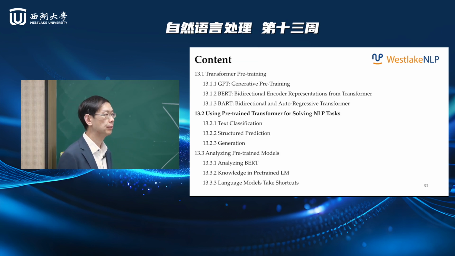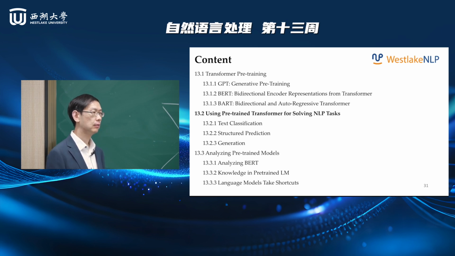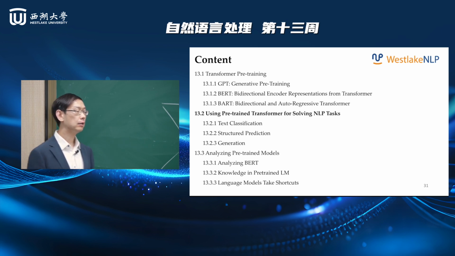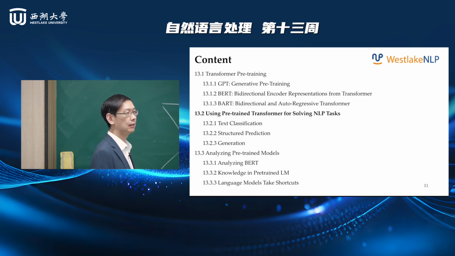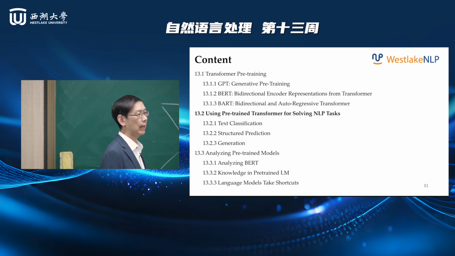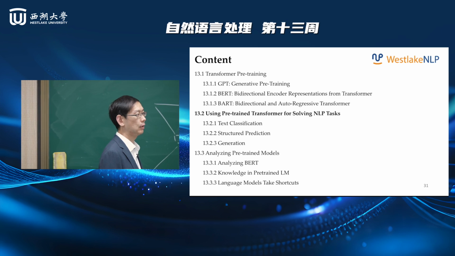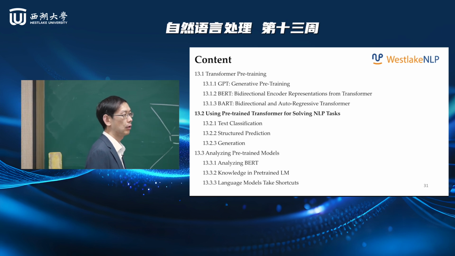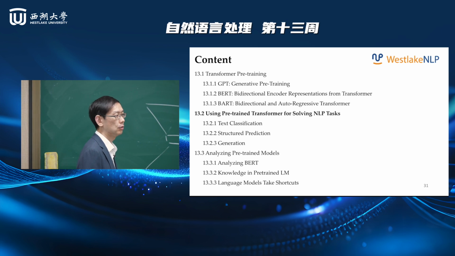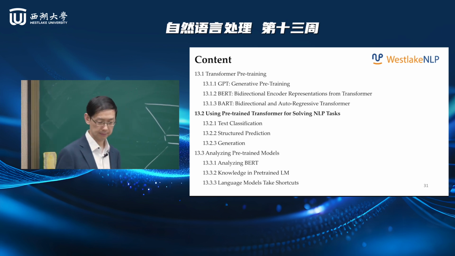Now we have introduced 3 typical ways to pre-train transformers, and we are ready to begin a new stage for NLP research. We can look at the NLP tasks from the pre-training perspective. We can use all these cartoon characters to solve NLP problems.